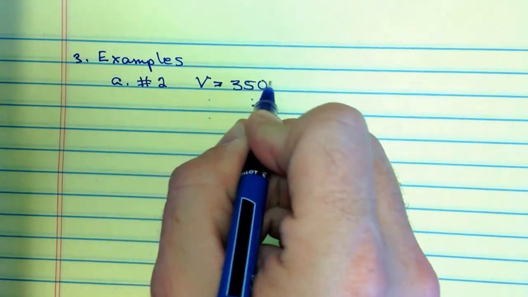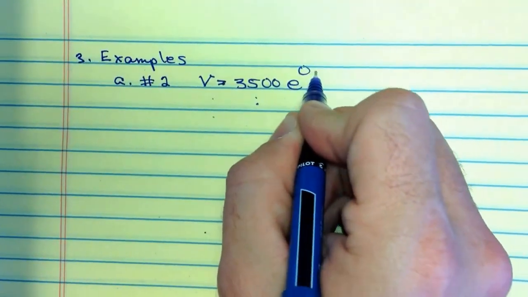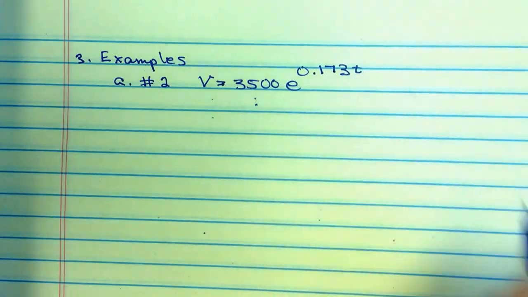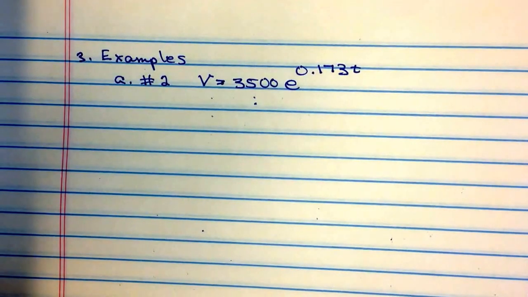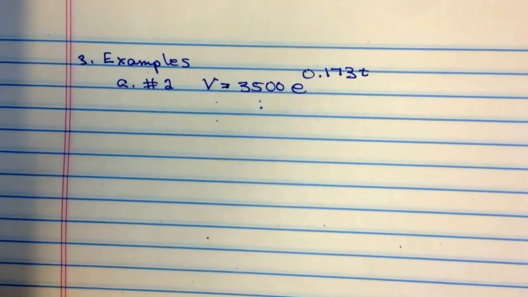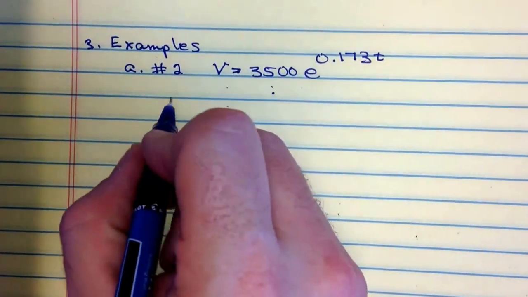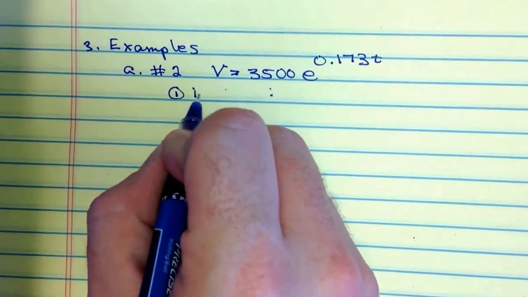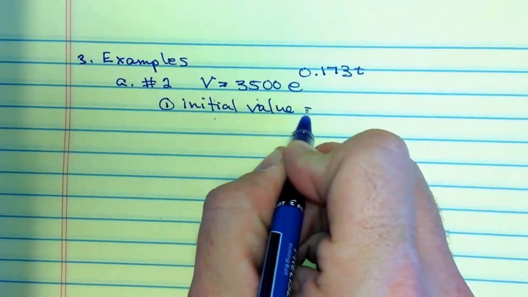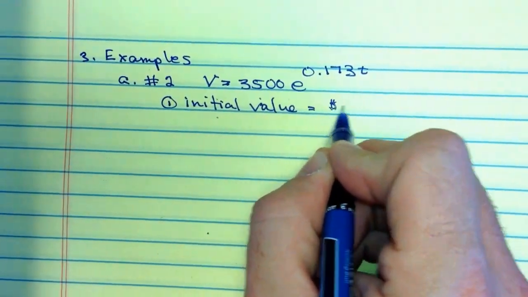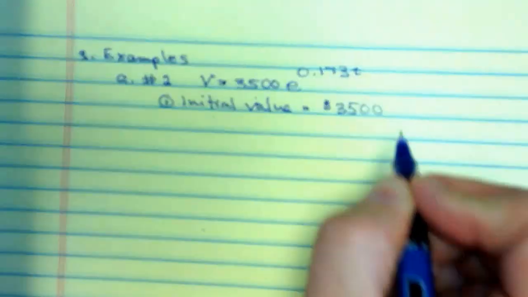In number 2, we're told V equals 3500 e to the 0.173 t. And we're asked to give the initial value, the continuous growth rate, the annual growth factor, and the annual growth rate. Well, first, the initial value is simple. That's just 3500. All this is an investment in dollars, so we'll put the dollar sign.